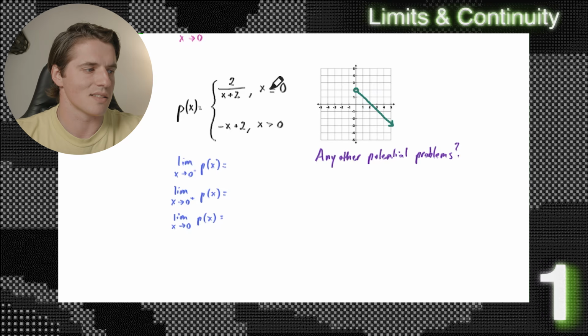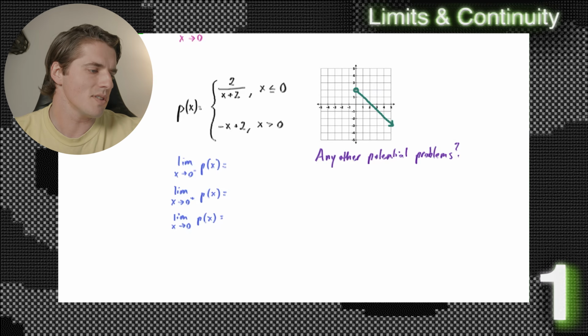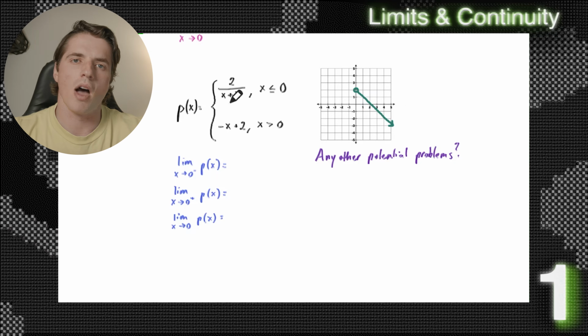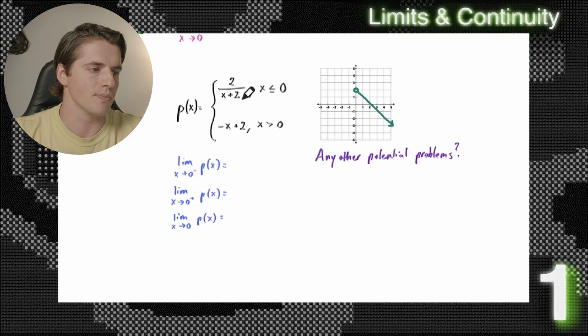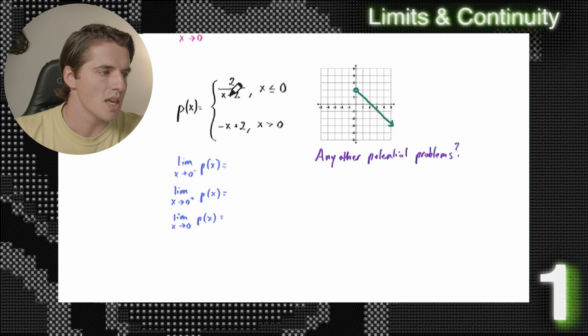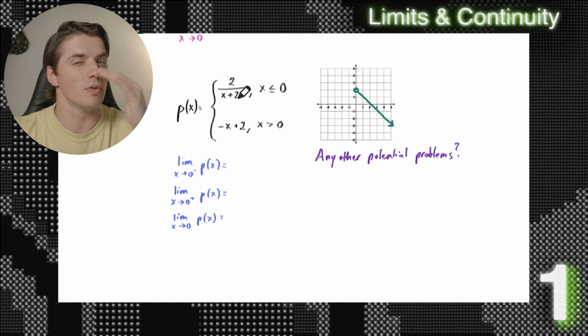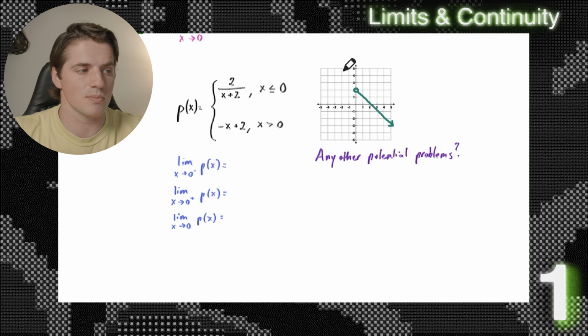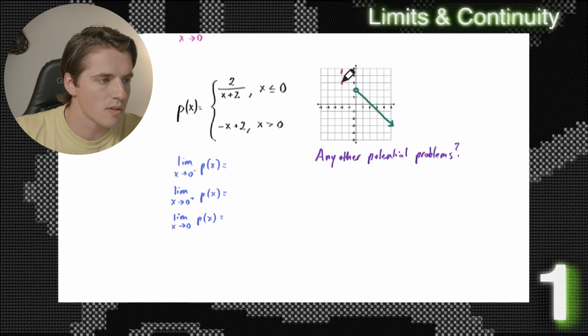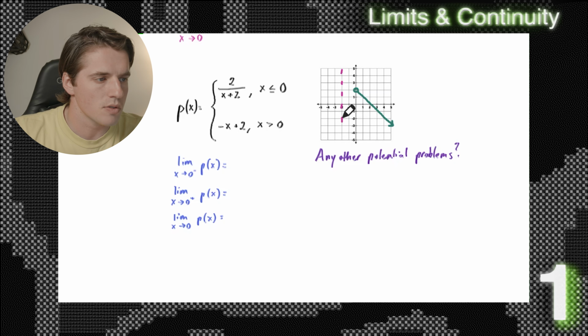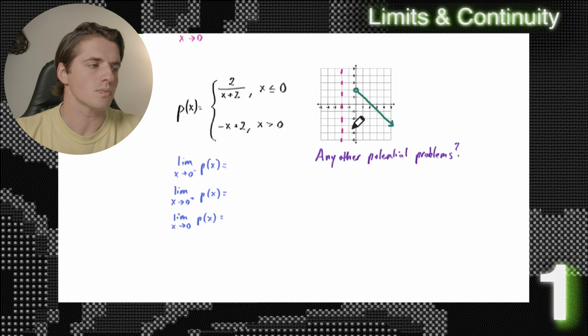And then when x is less than or equal to 0, you notice we have a problem at negative 2. If we were to plug in negative 2, it would be 2 divided by 0. So we would have an asymptote. So I'm going to draw that. I'm going to draw the asymptote.